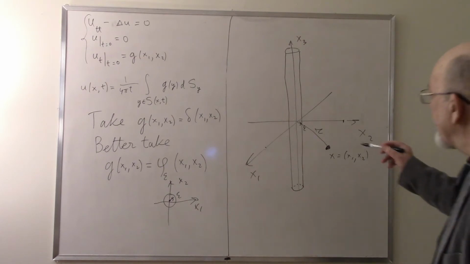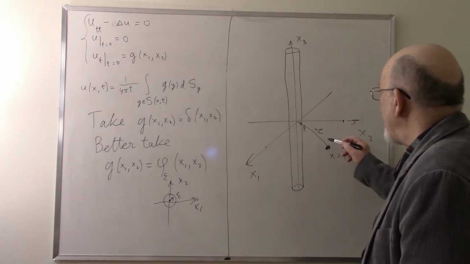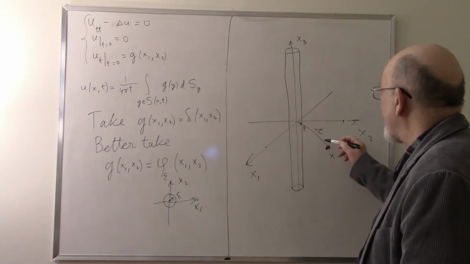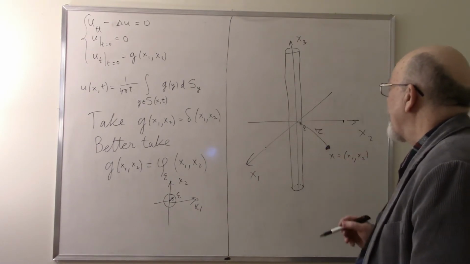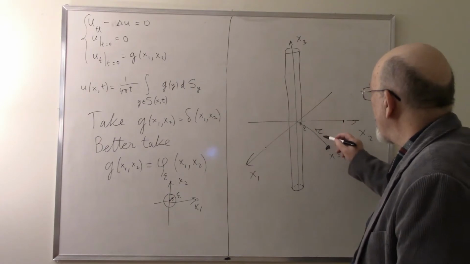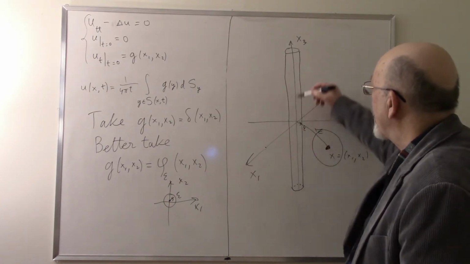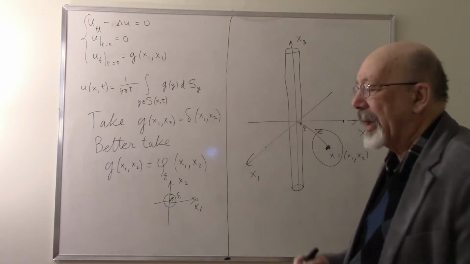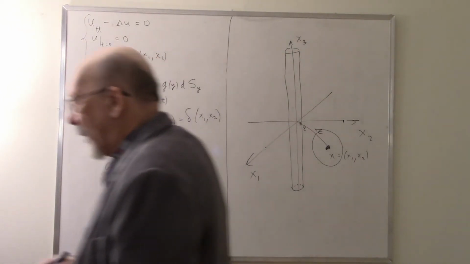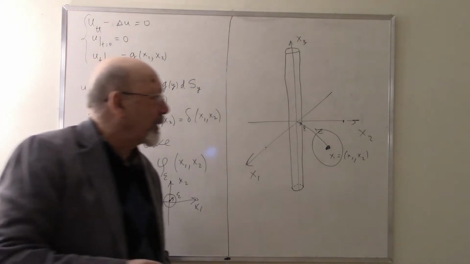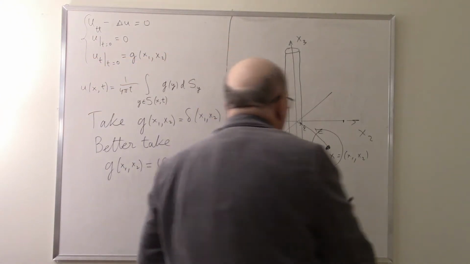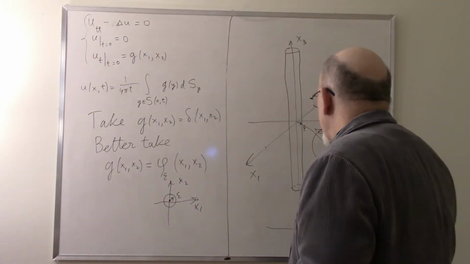Then if t is less than r, then the sphere will be too small and it will not reach this cylinder where the function is not zero. So the integral will be 0.